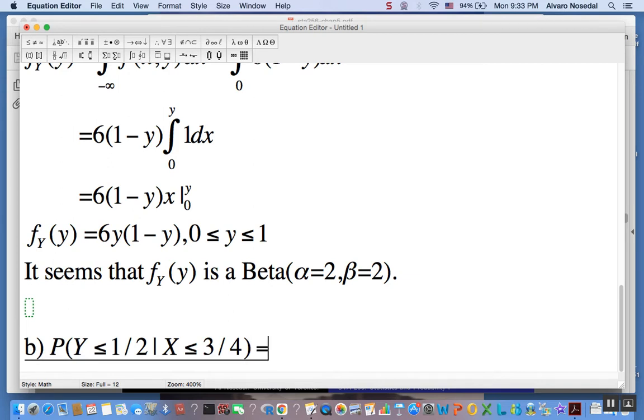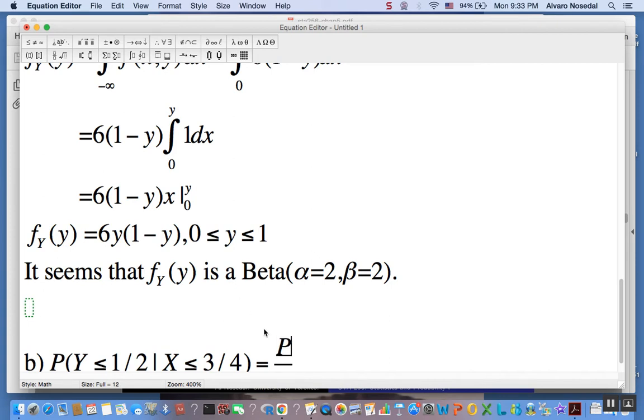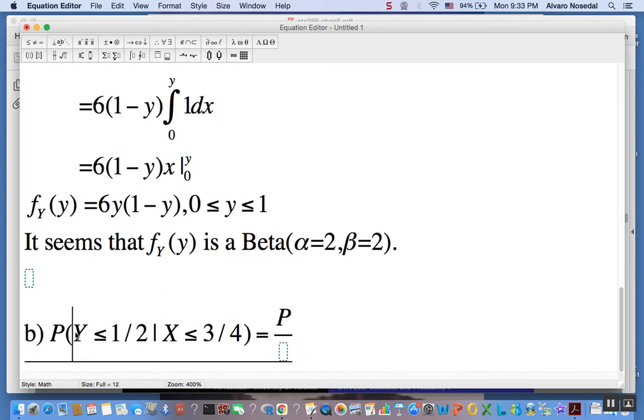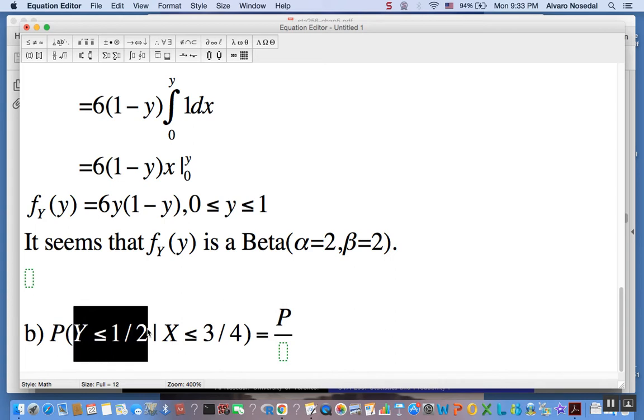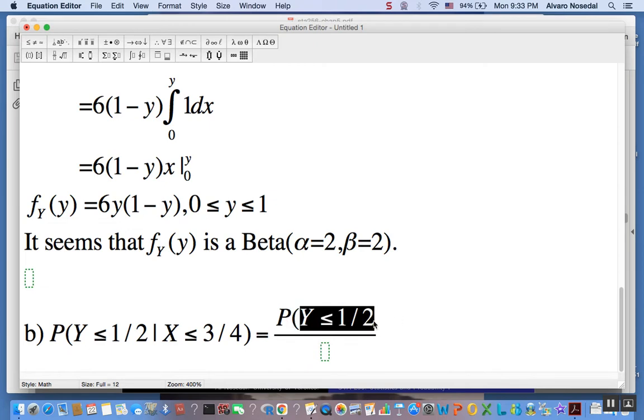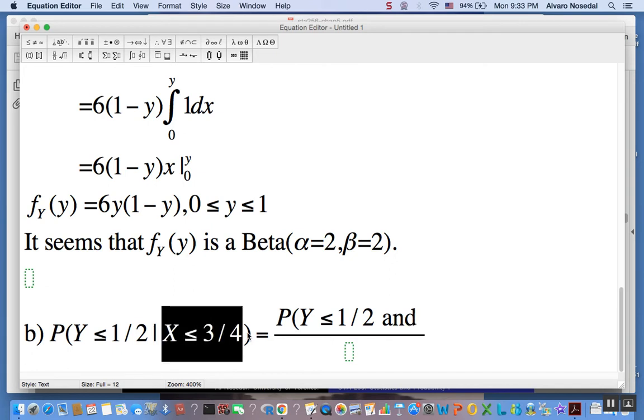So first, let's remember what the definition of conditional probability tells us, right? So what we know is that the probability of A given B is the probability of A and B divided by the probability of B, right? So something similar here. So we want the probability of this happening and we want this to happen too.